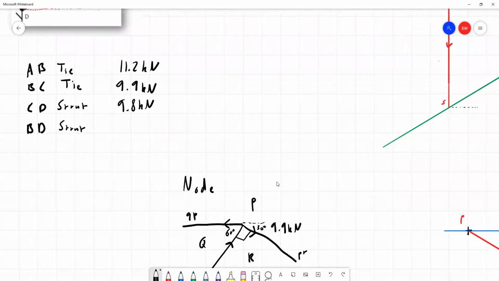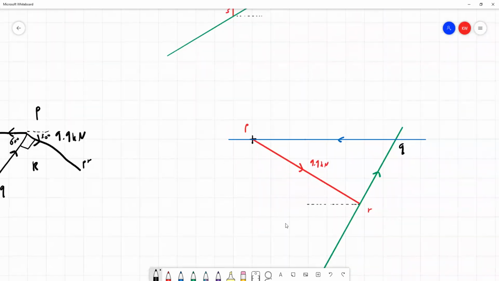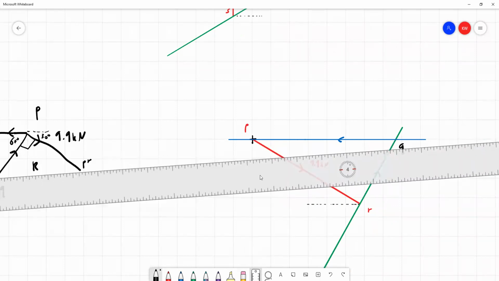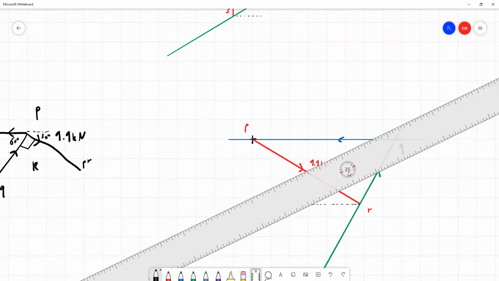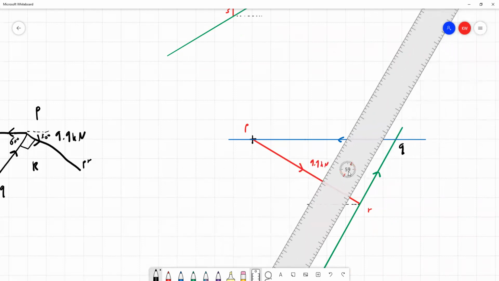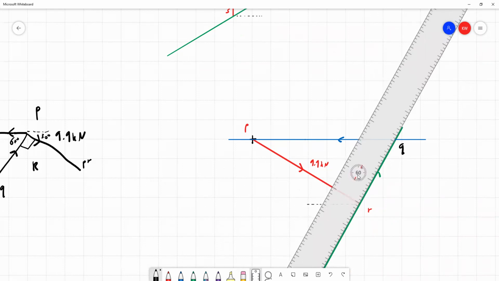And I'll measure my vector RQ, which corresponds to the member BD. And this goes 2, 4, 5, so somewhere between 5.5 and 6 centimeters on my ruler.